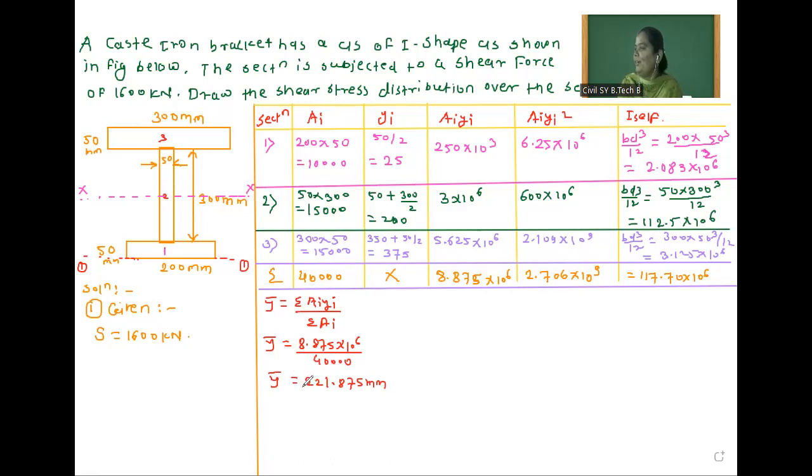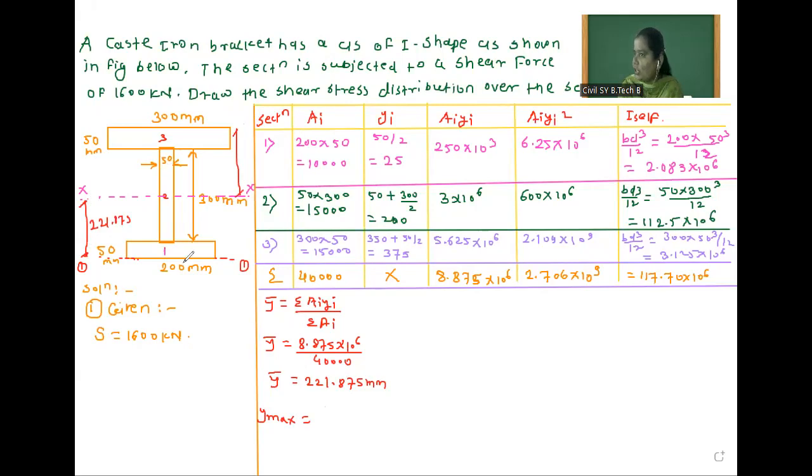Y bar is equal to 221.875 mm. Then we will calculate y max. So you observe here, from the bottom, the depth of the neutral axis is 221.875. So from the top, the remaining distance is how much?